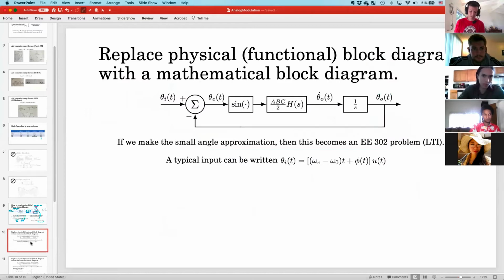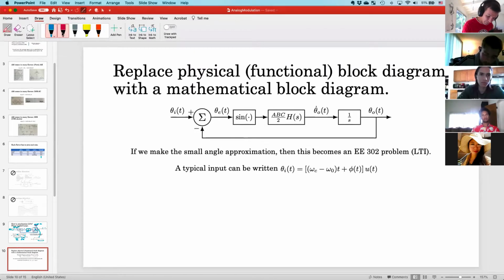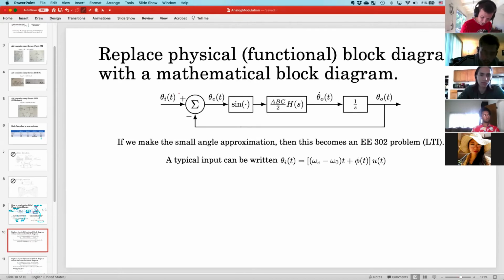However, once you make all those analyses that we did on the last slide, you can actually get a reasonable mathematical block diagram to represent it. So this is what used to be the phase detector.